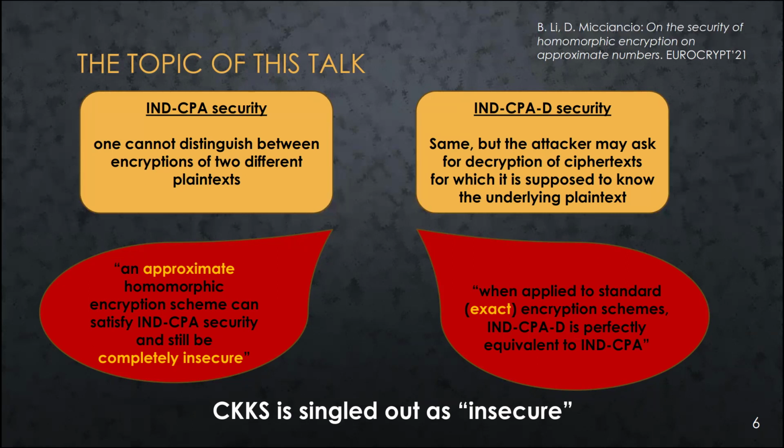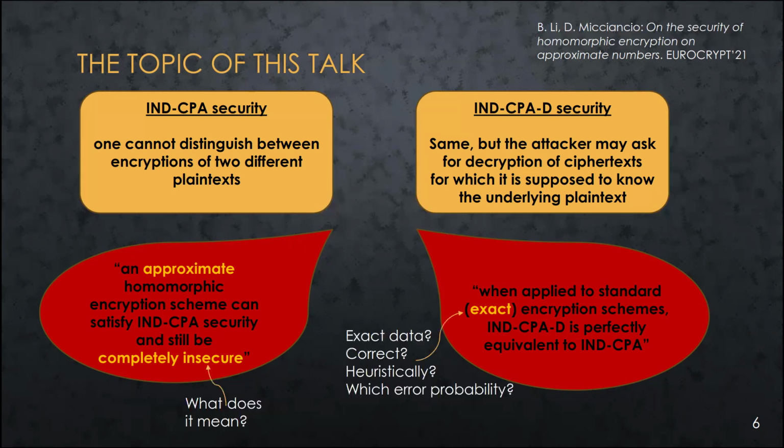So in particular, CKKS is being singled out as insecure in this work. These statements raise a bunch of questions which are not answered very clearly in the paper, at least in my opinion. Completely insecure doesn't say what it means precisely, unless we consider that breaking IND-CPA-D security brings total insecurity.